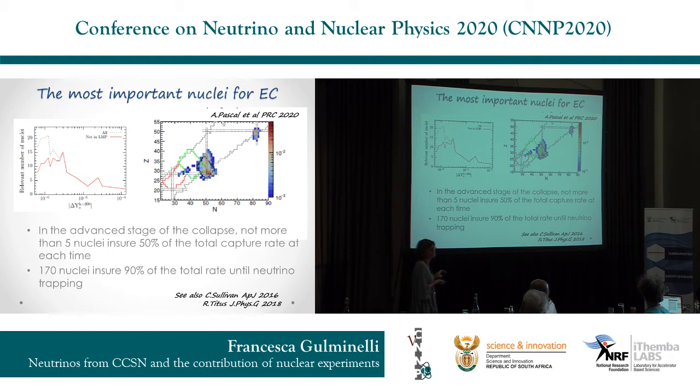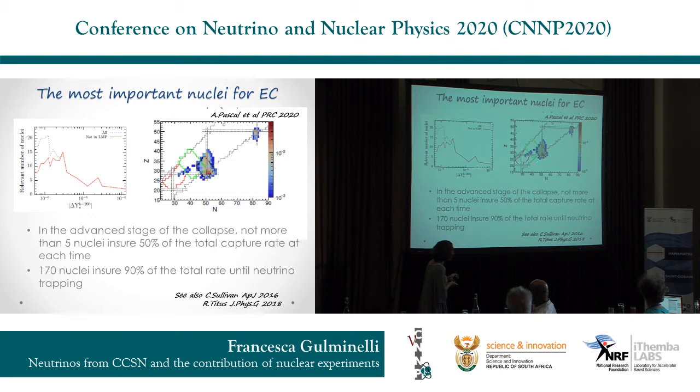Some units, less than 5. So it's not so many. And even if you really want to have them all, this is some 170, which is not small, but not as big either.